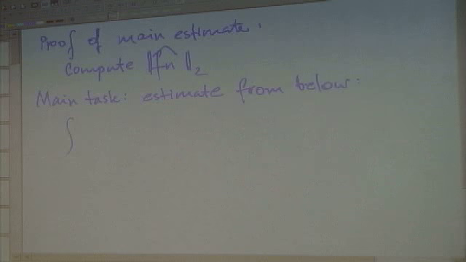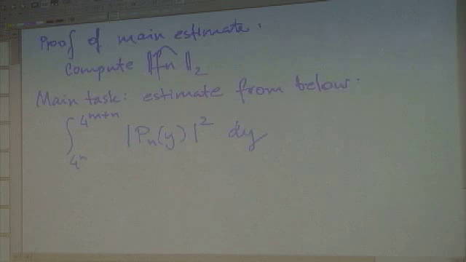Write the integral from 4 to the n to 4 to the n plus m of Pn of y squared dy, where m is some number that they fix in their paper.